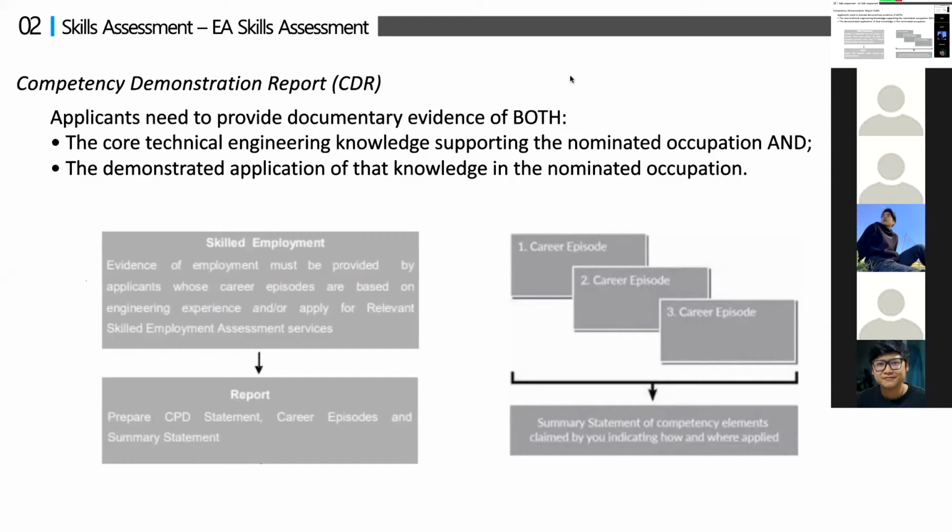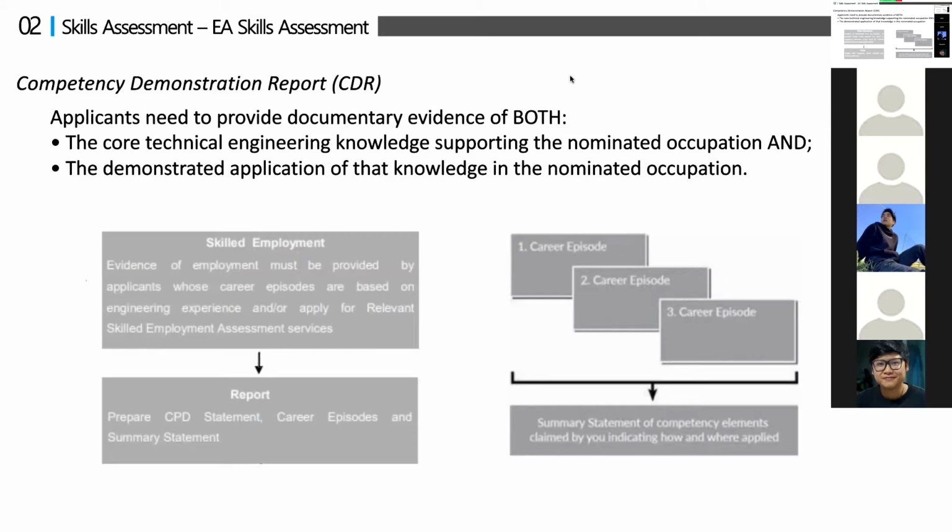But Engineers Australia still wants to give the opportunity to people who don't follow the Washington Accord and who didn't study in Australia. But it's very hard to give an individual assessment of the curriculum because they must contact the university and have the course outline of each subject.